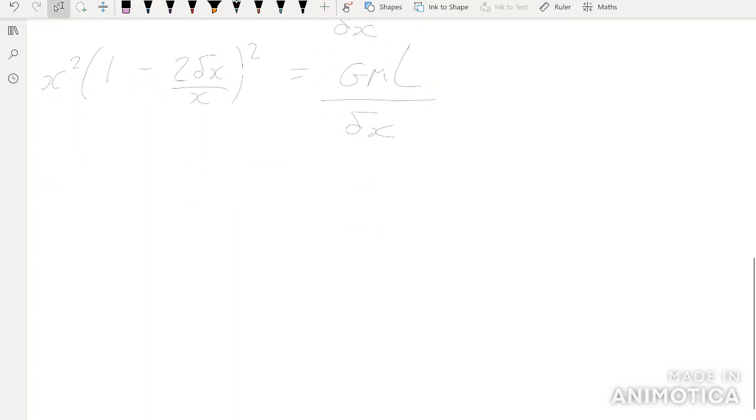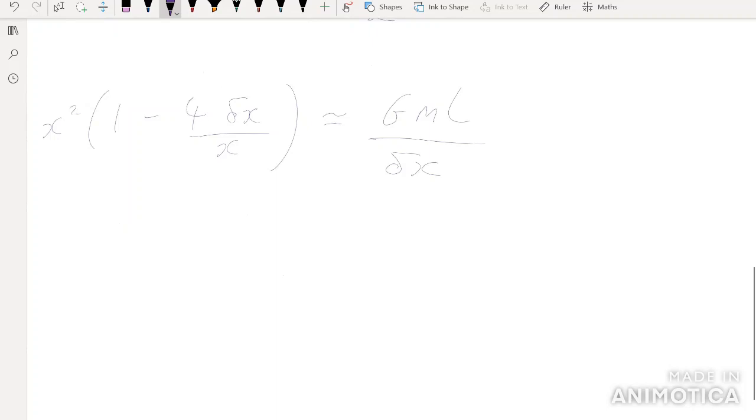Okay, and so expanding that out, we get x squared times 1 minus 4 delta x over x. We have to keep that, but then plus 4 delta x squared over x squared just goes away. So we can say that that's roughly equal to gm L over delta x.